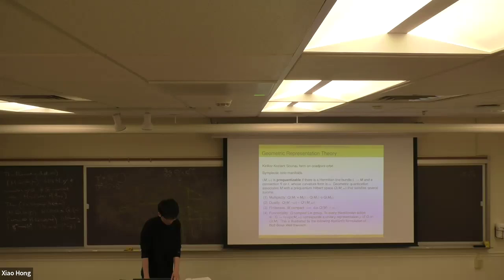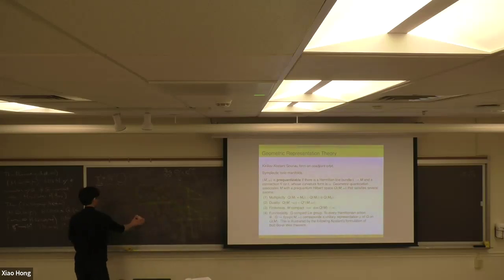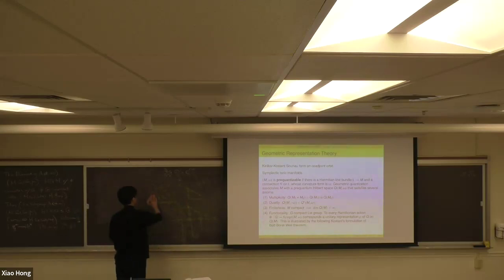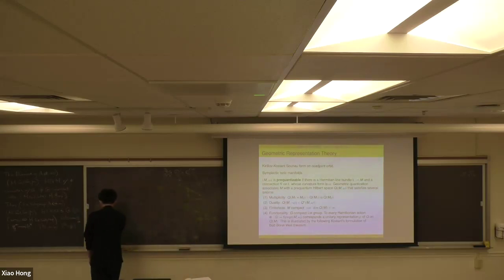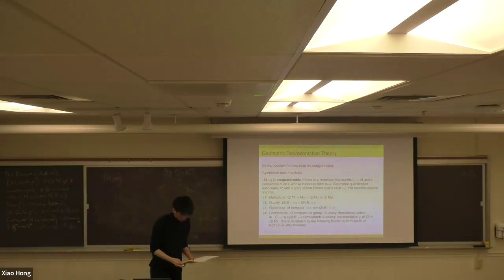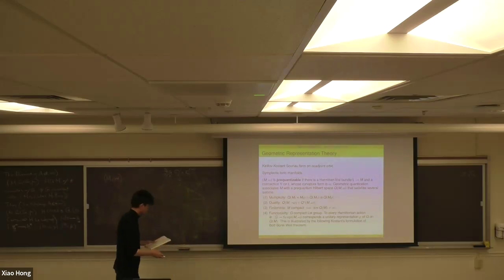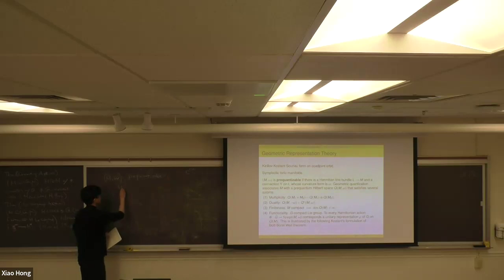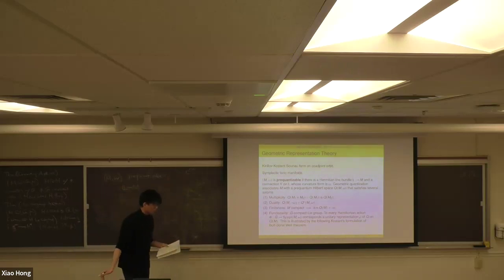Now suppose we have a symplectic manifold M, and we say this symplectic manifold is pre-quantizable if there is a Hermitian line bundle over it, so that the curvature form of that is omega.